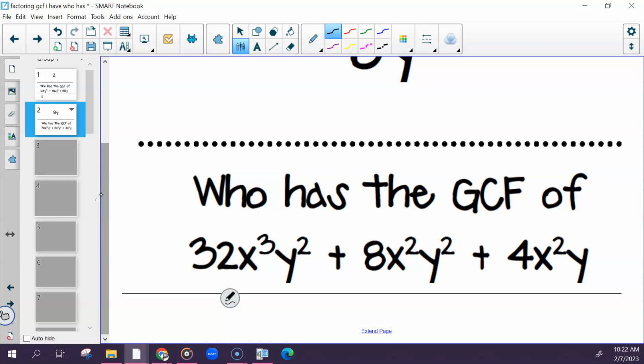So you can say this whole thing or this whole thing. So Terrell just read off this one. So be on the lookout for who has that next GCF.